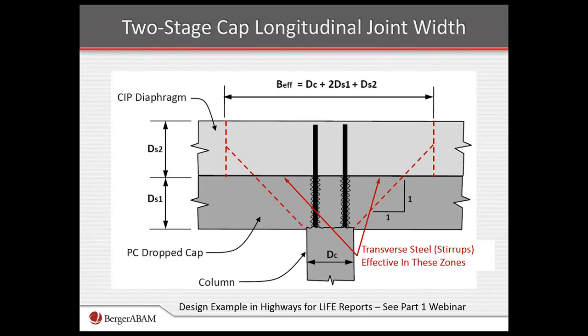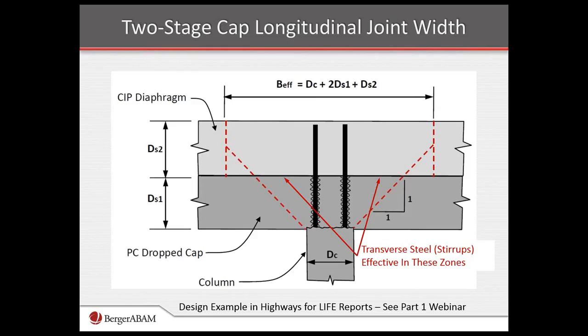Again, this is a way to do it. It would be great at some point to have a test of this to prove it to be effective, but what's being proposed here is a one-to-one spread up through that lower stage to the center line of the upper cap. So then that defines the area where reinforcing steel is effective in this joint force transfer.